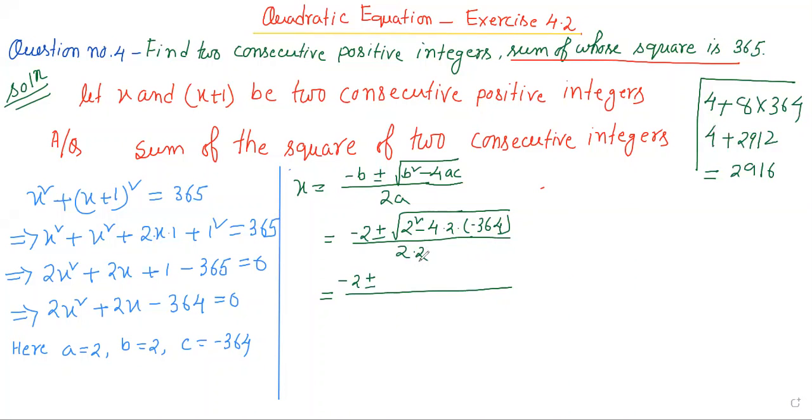So this is the square root of 2916. Now what is the square root of 2916? I think it will be 54 square. Okay, let's see.